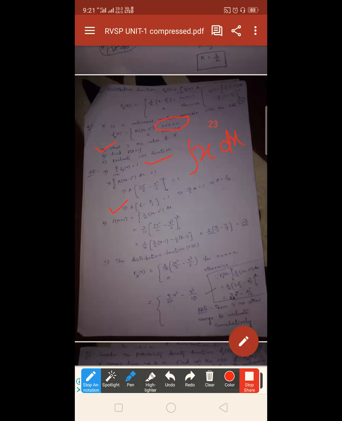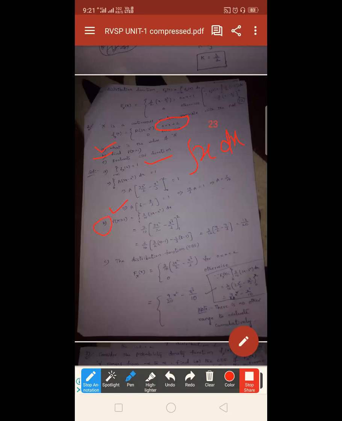Next, solve the b bit. We have to find the probability of capital X greater than 1. Here the b bit is solved.